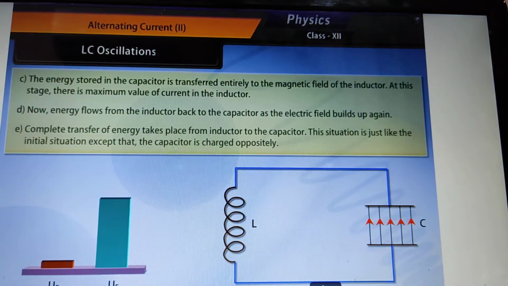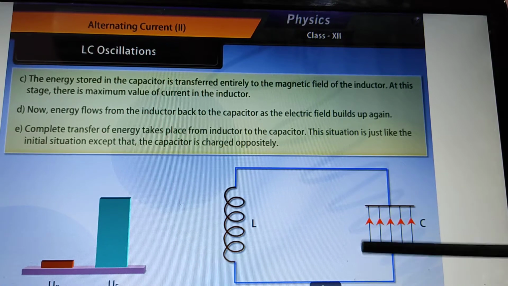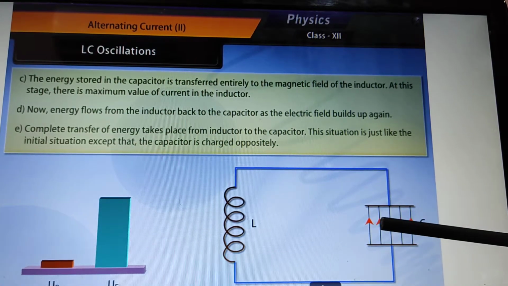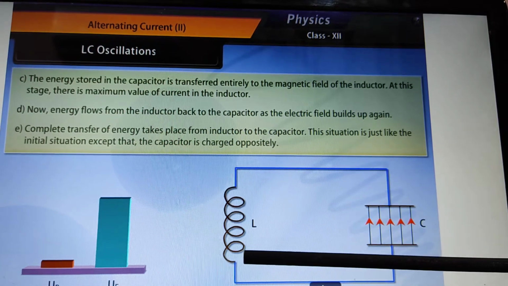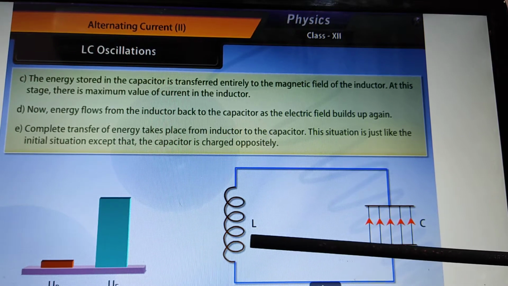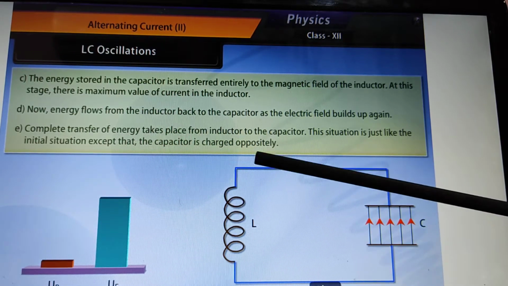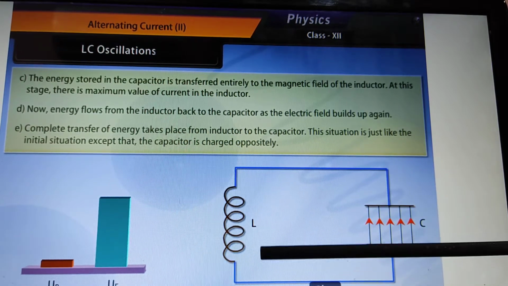Now, in the initial state, we have seen that when the capacitor is completely discharged, the total energy of the capacitor is completely transferred to the inductor. At this moment, we have already read in EMI chapter 6 that whenever there is a change in an inductor, it always opposes that change.